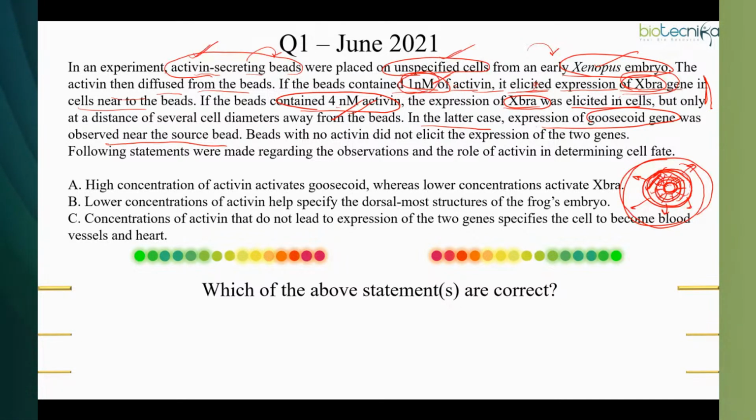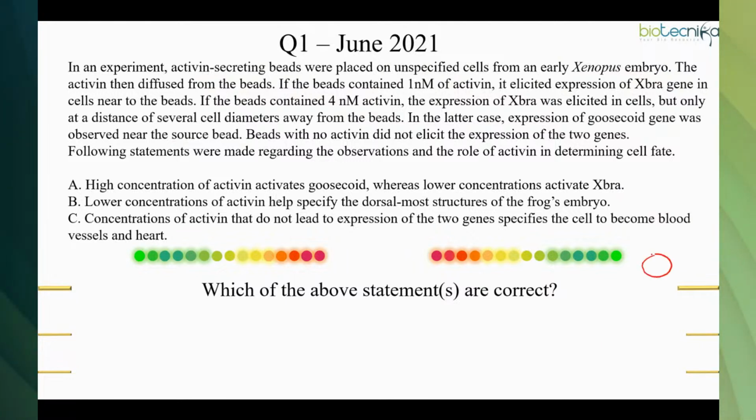Okay, so we can draw a rough diagram. Here is 4 nanomolar. Near this, the cells have no XBRA, you can write no XBRA, but goosecoid is there. This is how you draw a rough diagram. Goosecoid is present, and in the surrounding cells, XBRA is there, right?